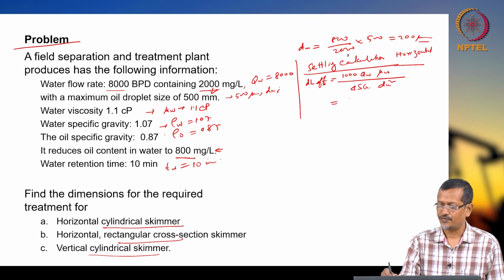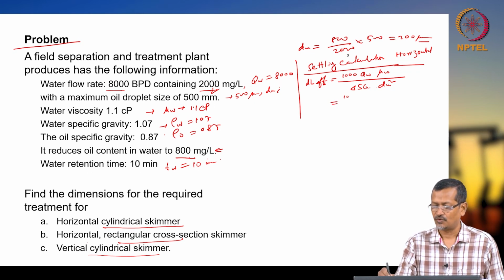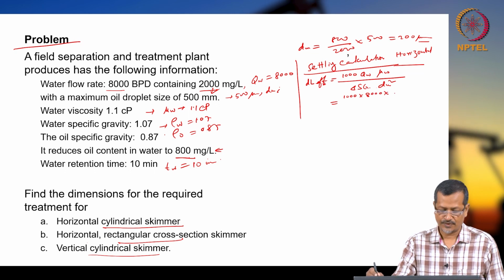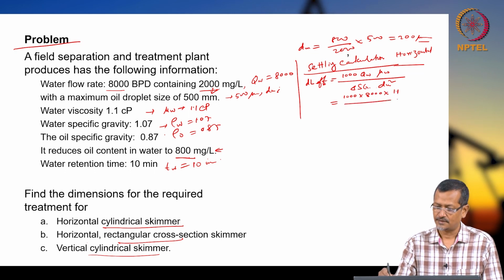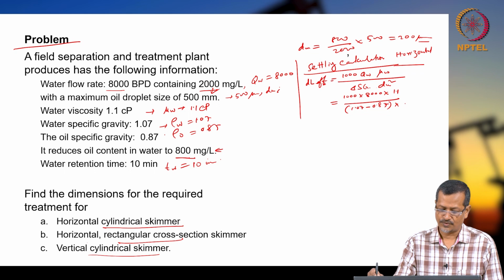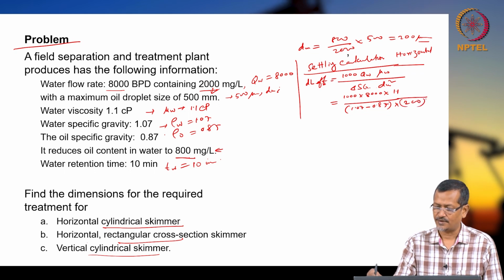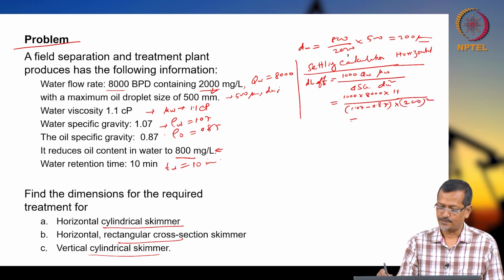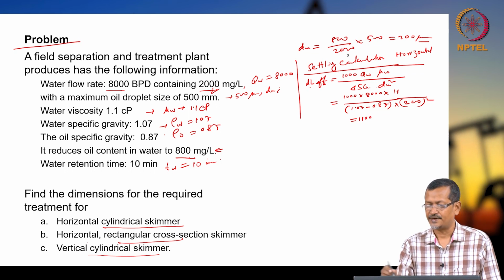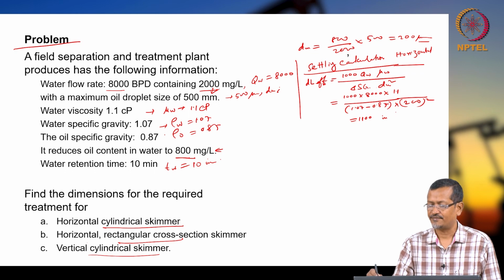Now, if we put in the data, 1000 is constant, QW is 8000, mu W is 1.1, del SG is 1.07 minus 0.87, into dm 200 which we calculated. This would give 1100. The unit is D in inch and LEFF in feet.